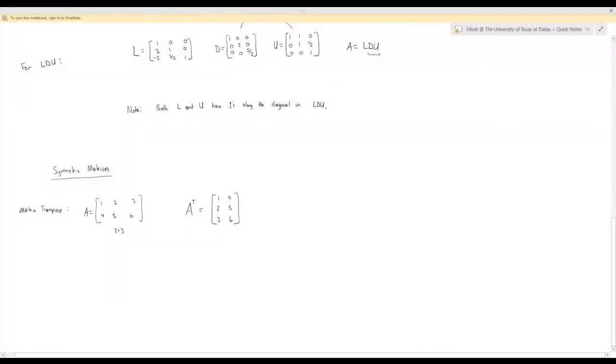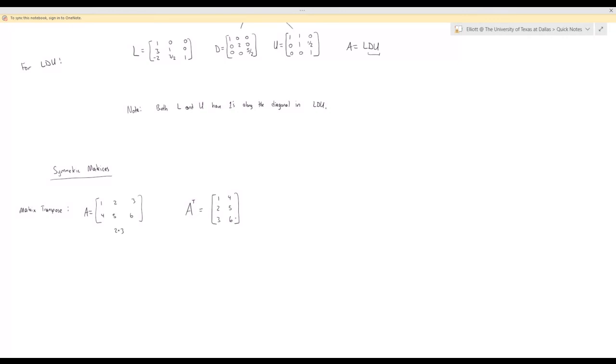And that's pretty much it. So just take the rows of A and write them as columns to get A transpose. You can also look at it as take the columns of A and make them the rows for A transpose. So both perspectives will give you the same result.